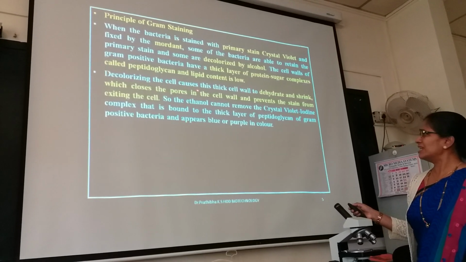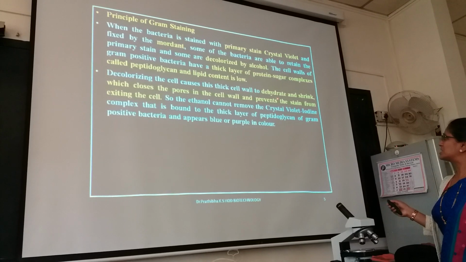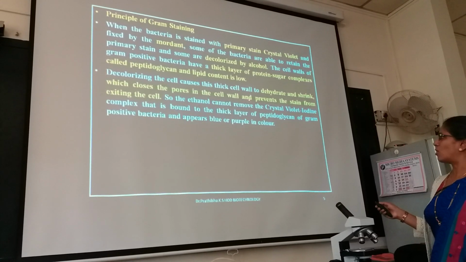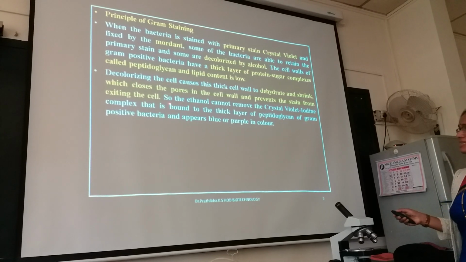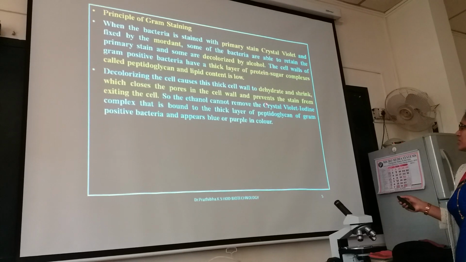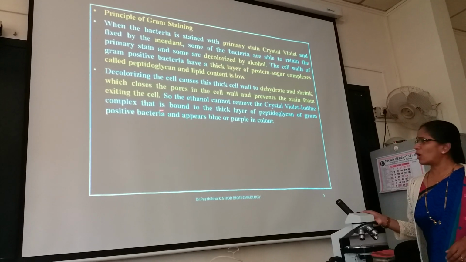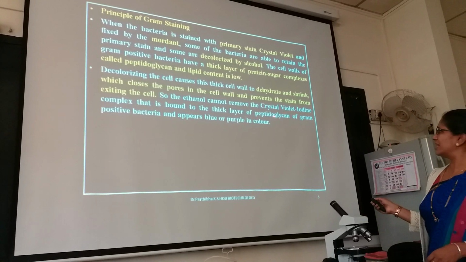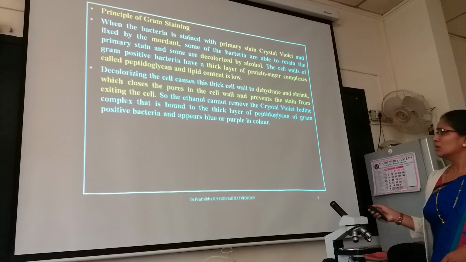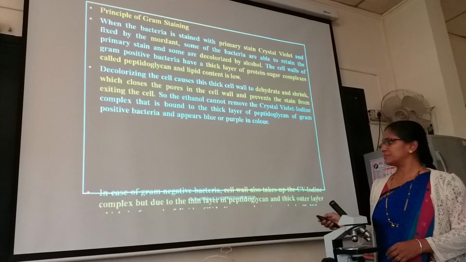Decolorizing the cell causes the thick cell wall to dehydrate and shrink, which closes the pores in the cell wall and prevents the stain from exiting the cell. So the ethanol cannot remove the crystal violet iodine complex that is bound to the thick layer of peptidoglycan of gram-positive bacteria, and they appear blue or purple in color.